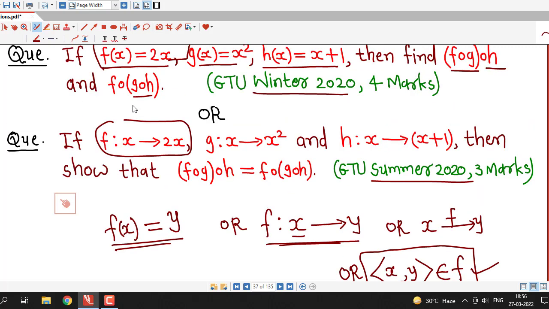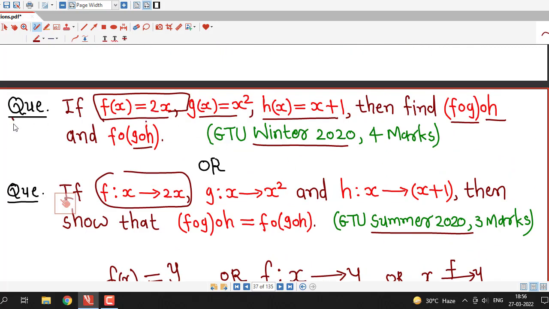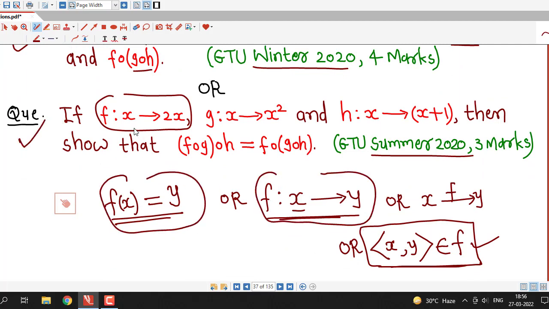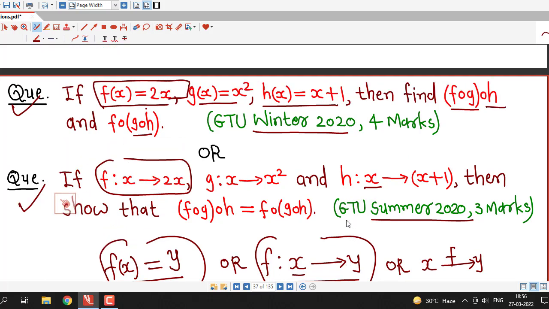So here in this question they have expressed our function in this form, and in this question they are using this form, x is going to 2x, x is going to x square, x is going to x plus 1. Both are the same thing.